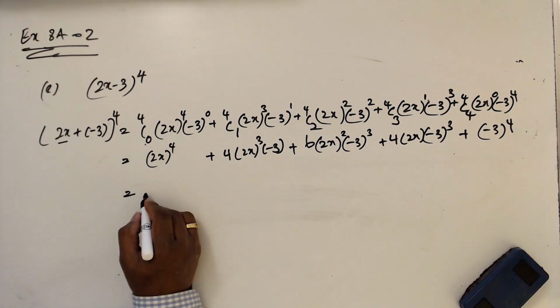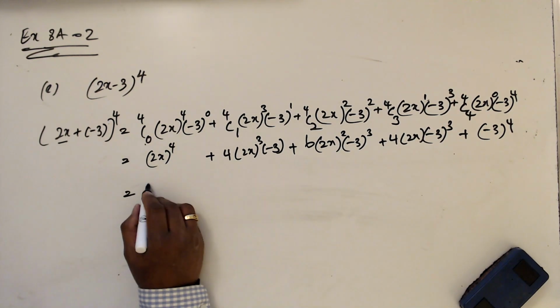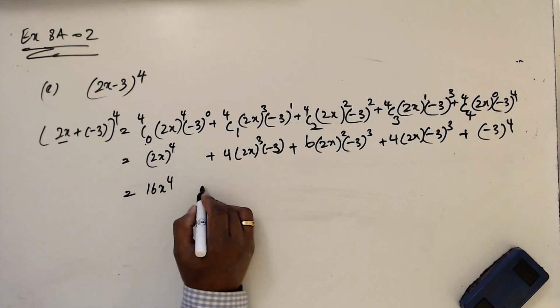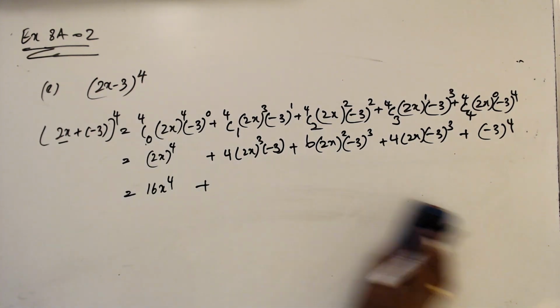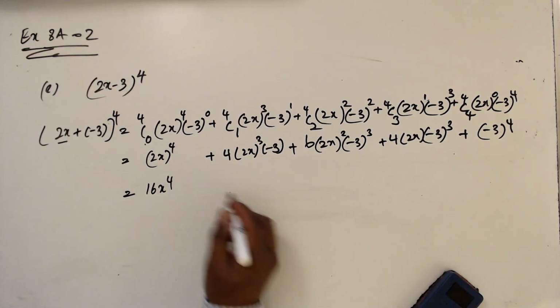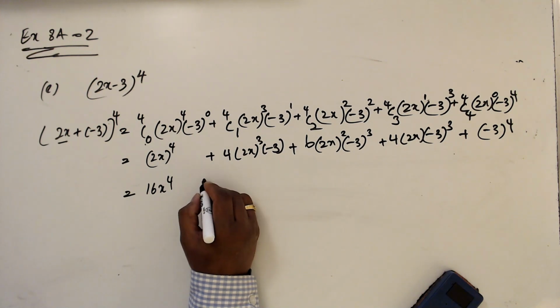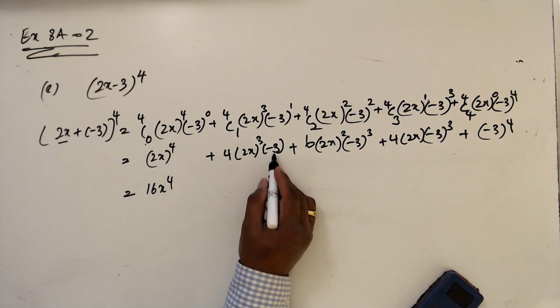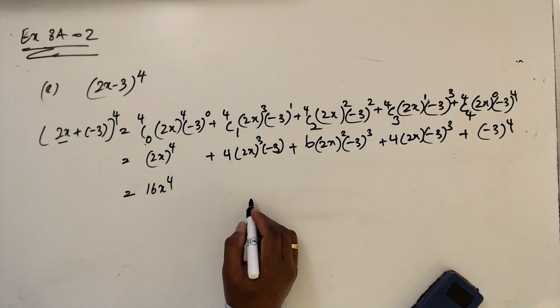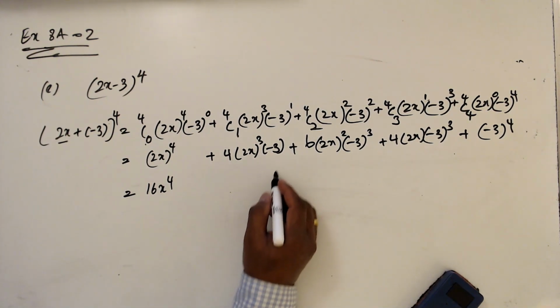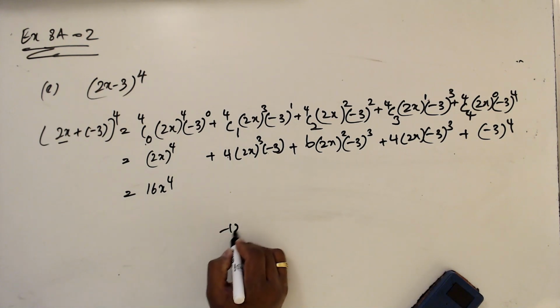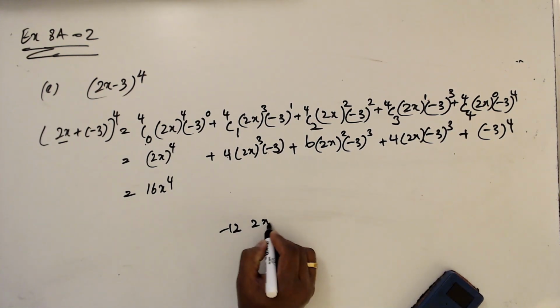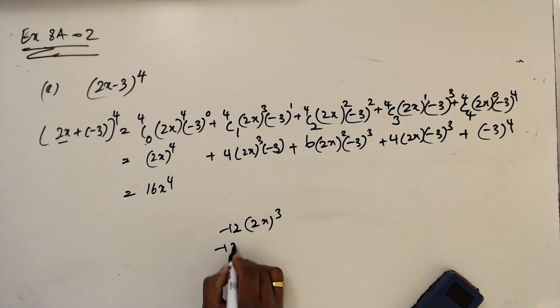So this is going to be 16x to the 4, then this one minus 3 times 4, minus 12, then 12x cubed, which is minus 12.